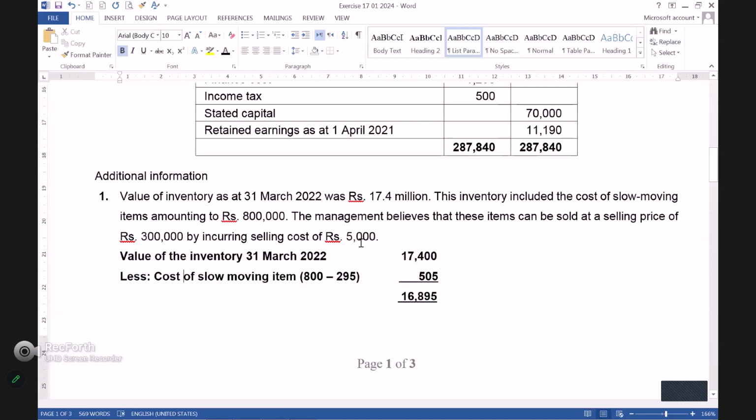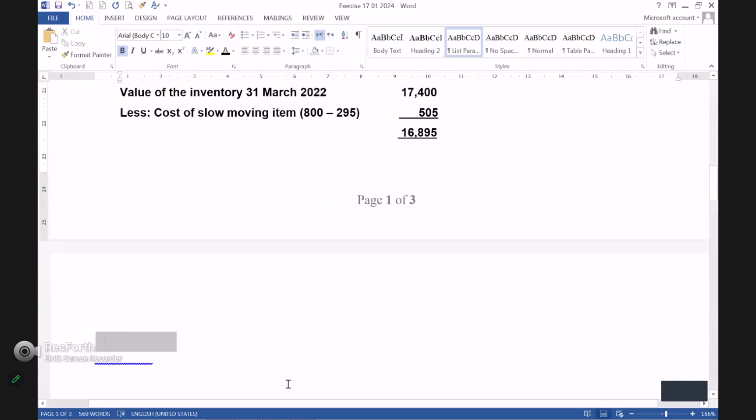Therefore, we have to deduct 505 from the value of the inventory. Therefore, the value of the closing inventory is 16,895. Did you understand? The value of the inventory is given, there is a slow moving item, therefore the write-down is 505. Therefore, the closing inventory as of 31st March 2022 is 16,895. Okay.